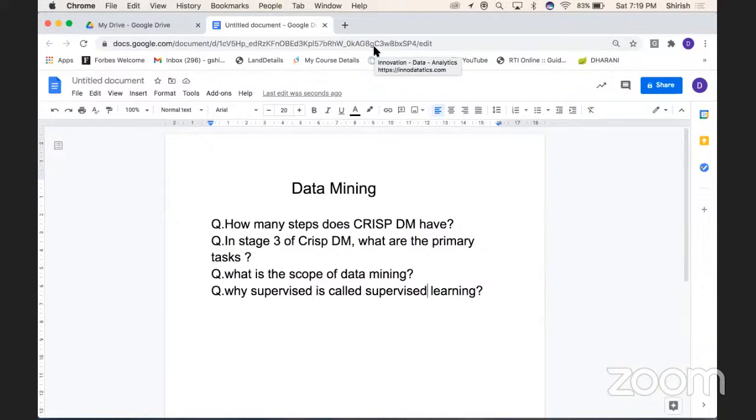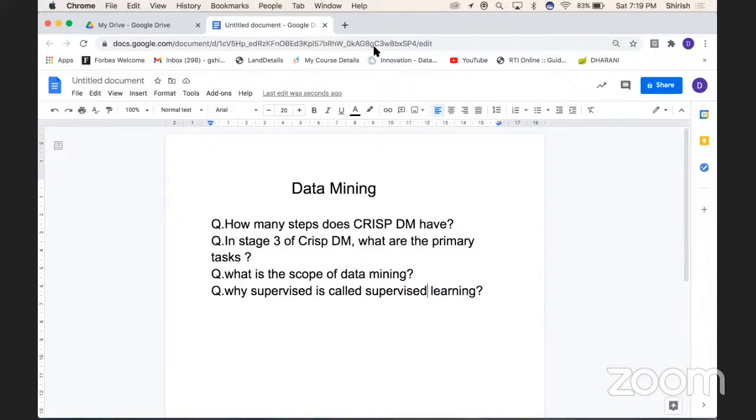Whenever you train the machine with historical data, with a set of input variables, the pattern is identified under the supervision of Y, because you have the known output.